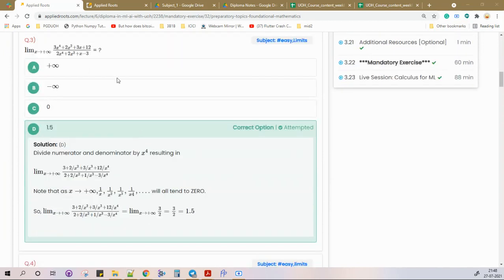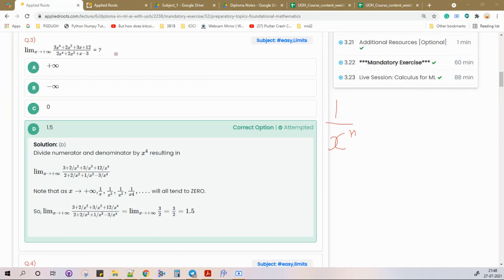Okay, no problem. So the next question here is a pure mathematics question, nothing else. Here we need to find the limit x tends to infinity. Whenever we have this kind of question with infinity, we need to convert everything into 1 upon x to the power something. If we convert everything into this, then our problem is very easy. Why? Because 1 upon infinity is 0.